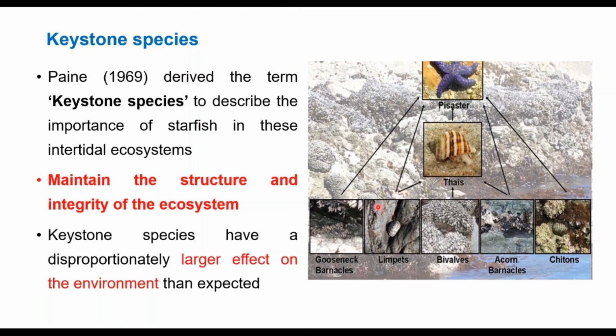Because it influences the population, space is more important, as I said. So this Pisaster starfish maintains the populations of barnacles, limpets, and bivalves, so that everyone can be accommodated and survive in this intertidal area. So these keystone species have a disproportionately larger effect on the environment than expected.